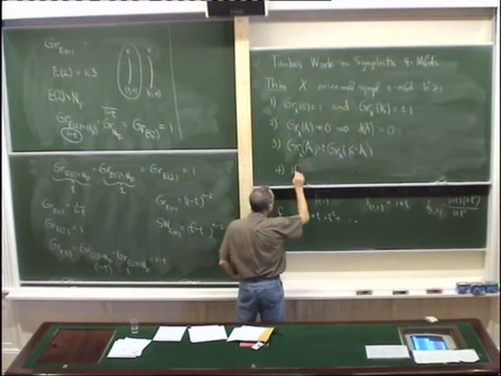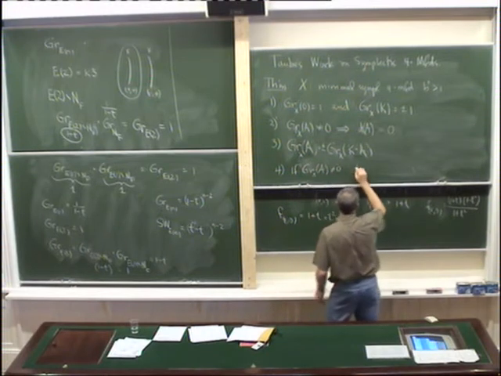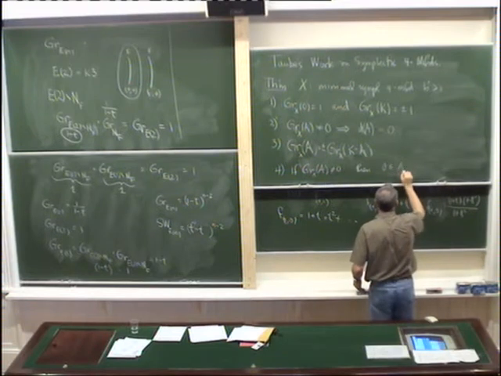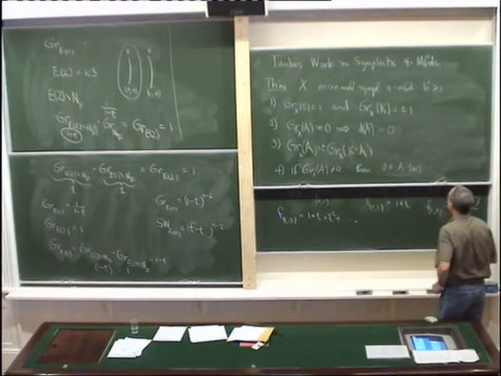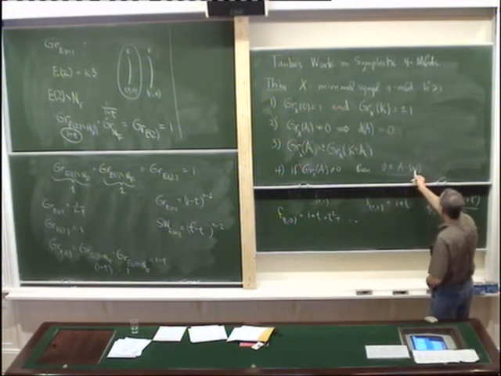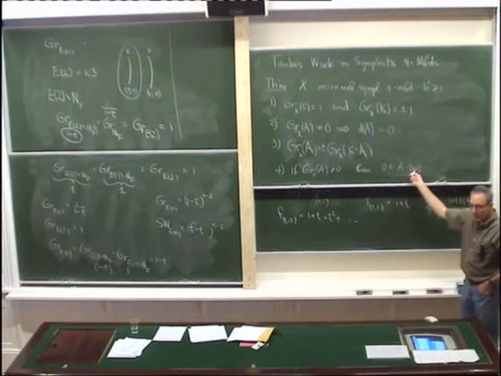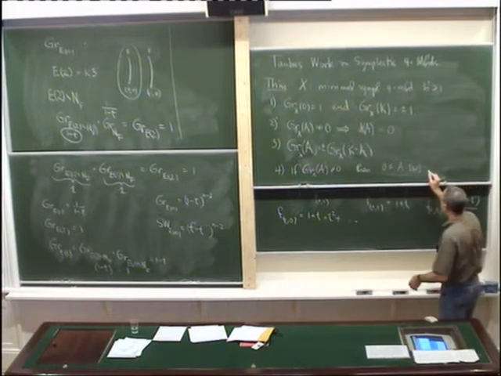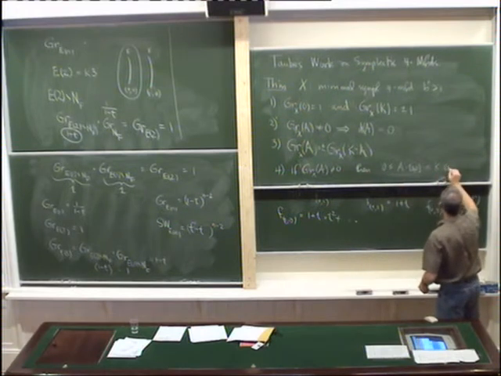If the Gromov invariant of A is not 0, then A dot the Poincare dual of the class representing the symplectic form, or if you like, integrate the symplectic form over A, however you want to think of that, is non-negative and less than or equal to k dot omega.